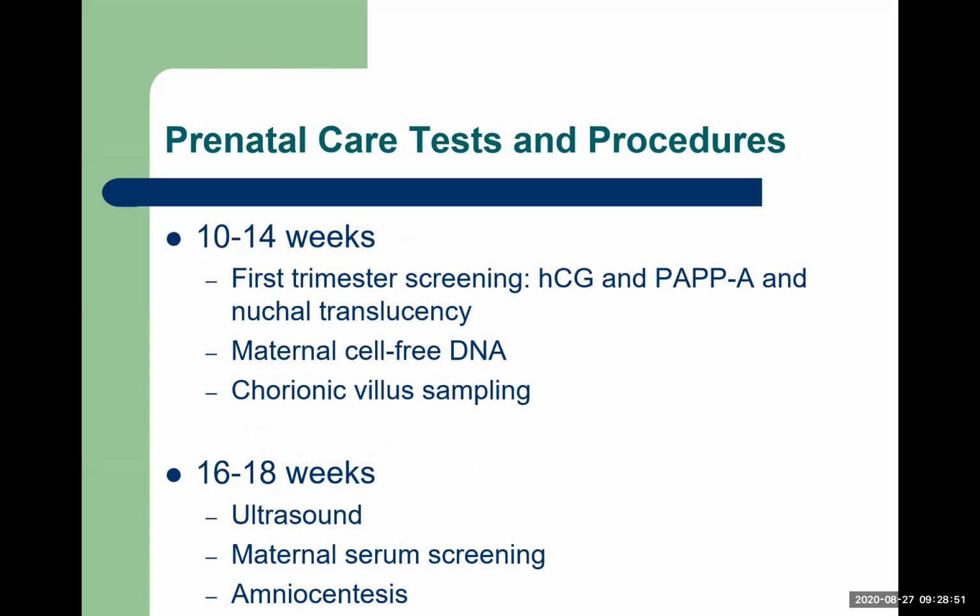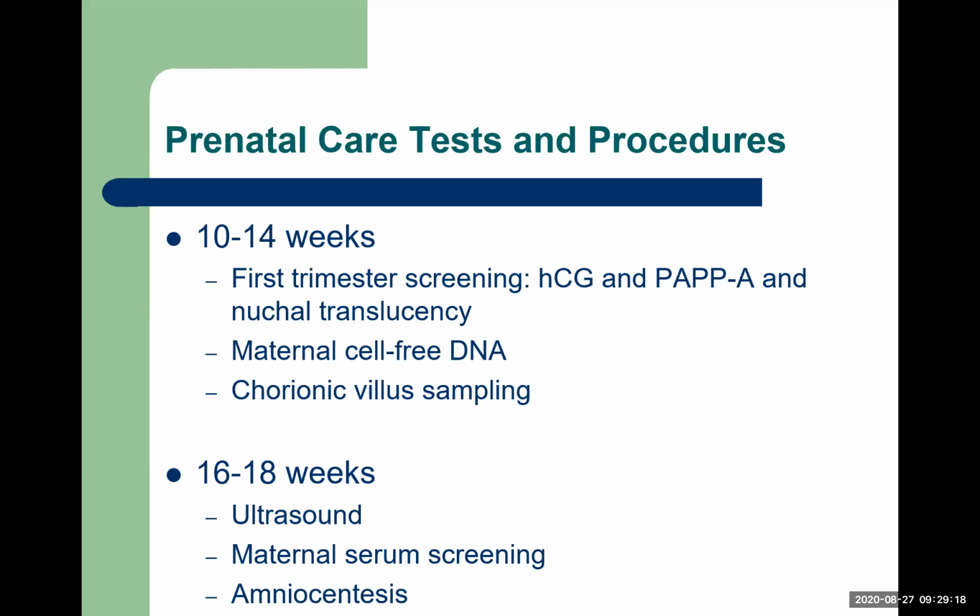In terms of other testing and procedures that we can do for screening for chromosomal abnormalities, between the 10 to 14 week range in the first trimester, we have first trimester screening, which consists of both a blood test and an ultrasound to measure nuchal translucency.